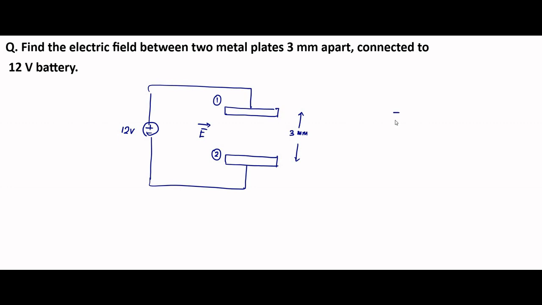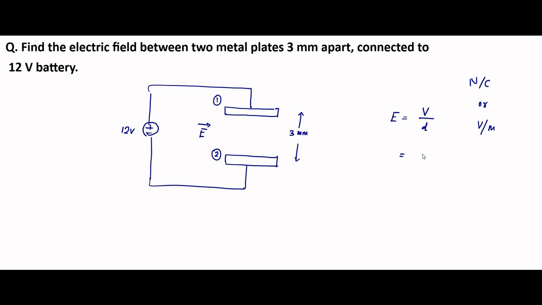So here we know that electric field is electric potential or potential difference between 2 points divided by the separation distance. And that's why when we use the unit of electric field, we use Newton per coulomb or volt per meter. These two units can be used to represent electric field.